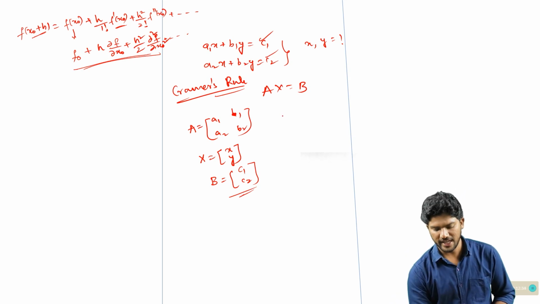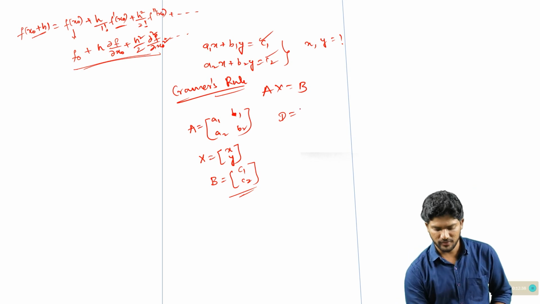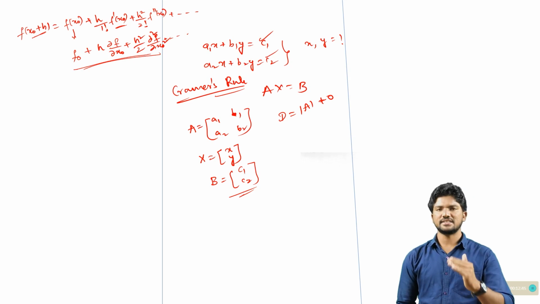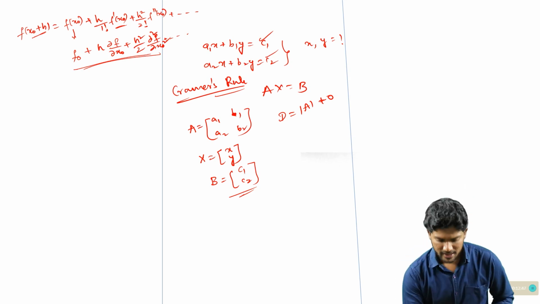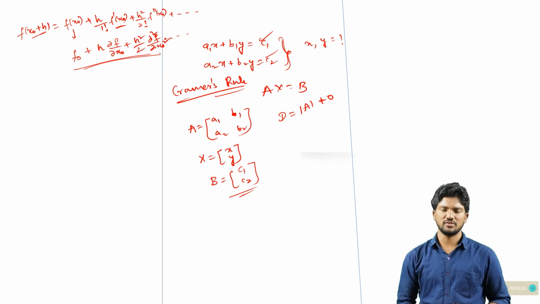Now to find the x and y values, we have to take the det of capital A. If the determinant of the coefficient matrix is not equal to 0, then this system of equations has a unique solution.